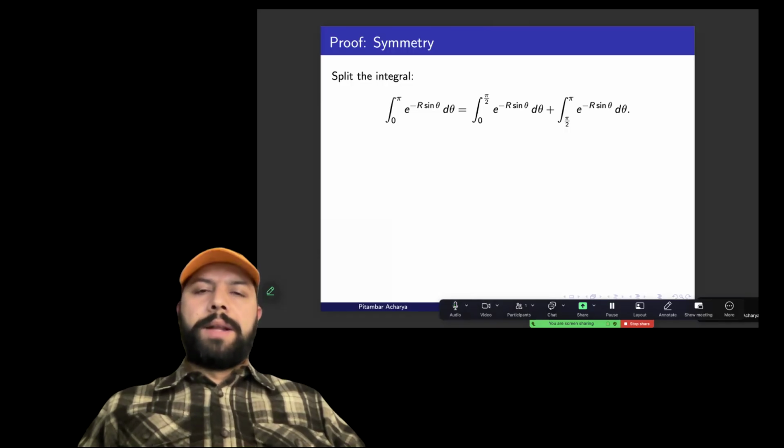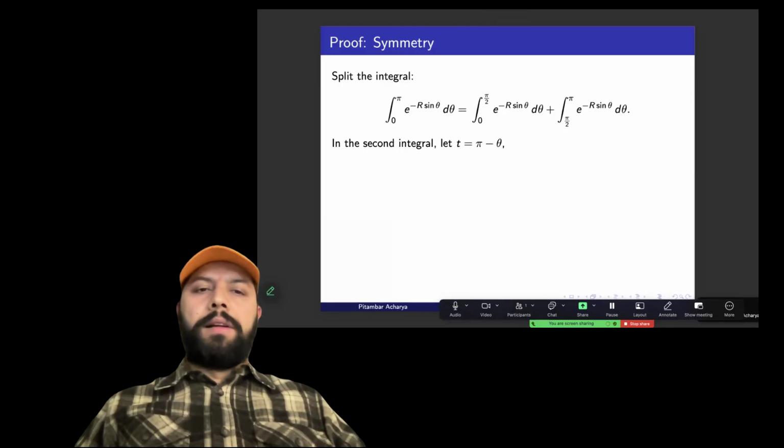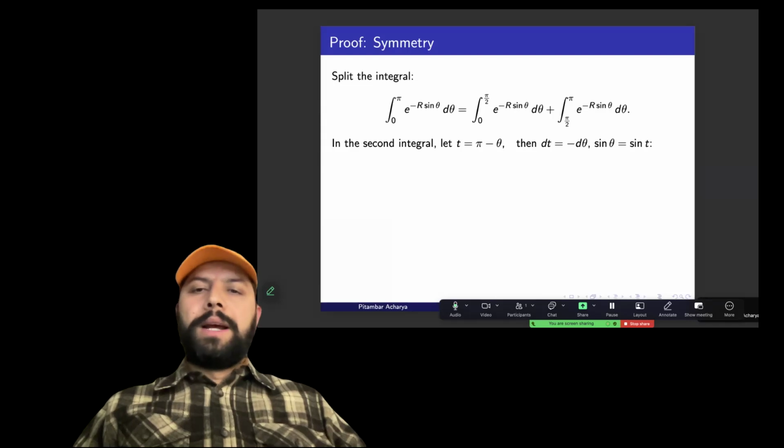So the integrand remains the same. And in the second integral, we substitute pi minus theta by t. So it becomes dt equals negative d theta because the derivative of pi is 0.